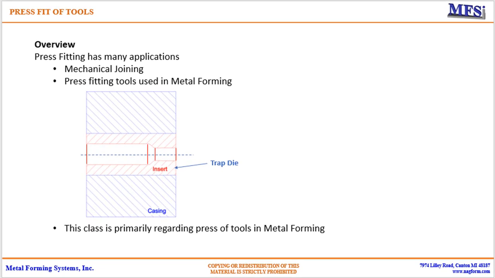So in a die assembly, basically we may have two or three components. We have the innermost component where the pressure is applied from the forming. Like in this case, an extrusion die, we have the insert. And then we have the casing and then the interference between the two. So external pressure is applied on this insert.